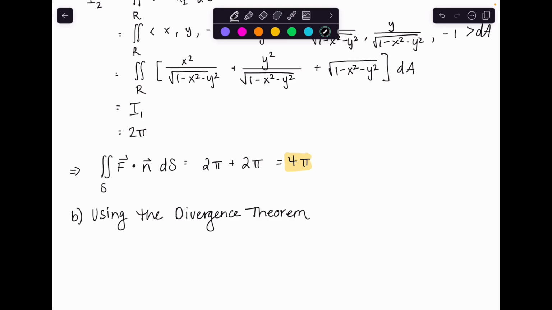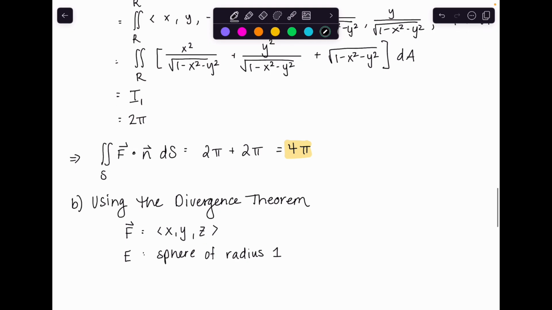Okay. So our vector field F is again x, y, z. Our solid E is the sphere of radius 1. Okay.